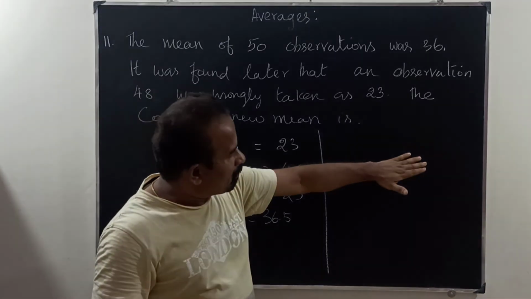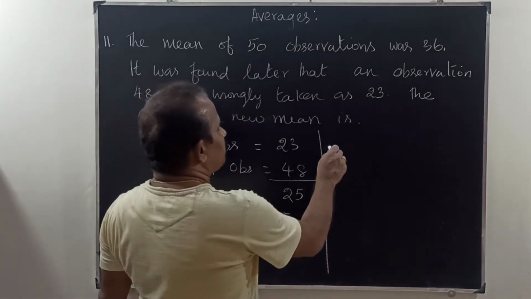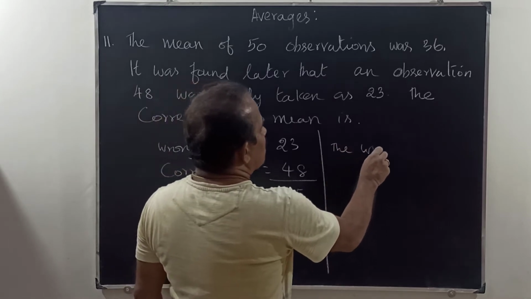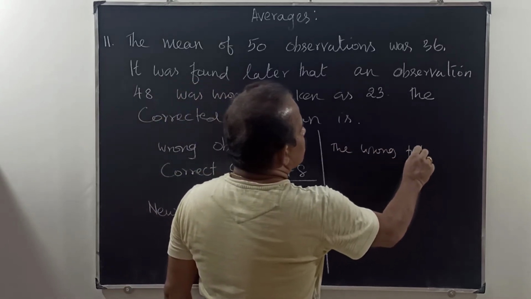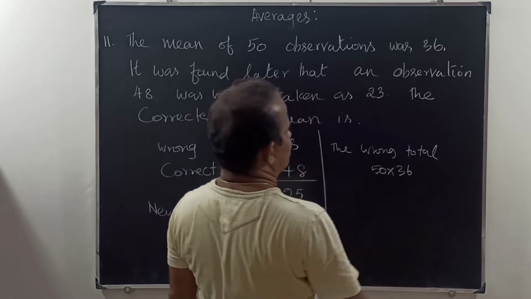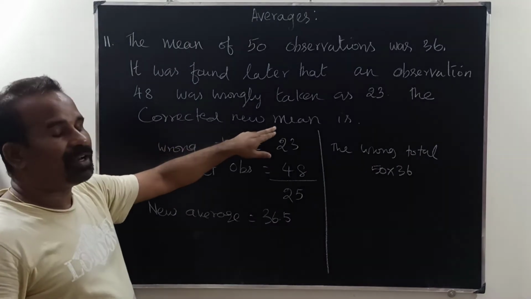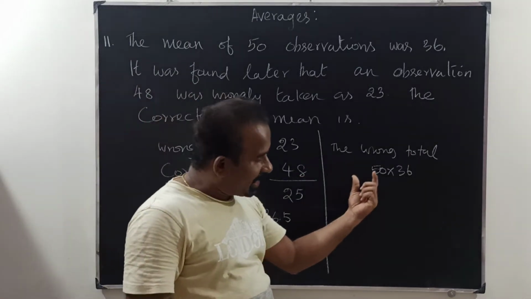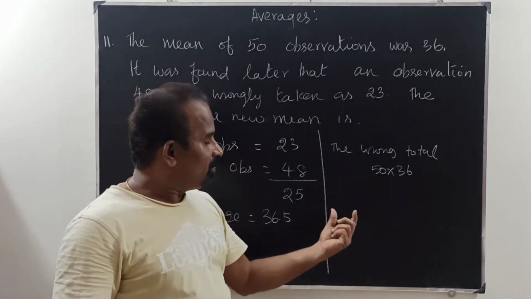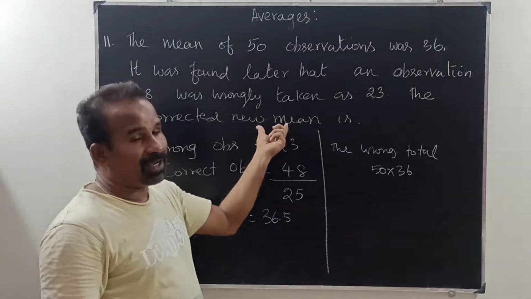By procedure, the wrong total is equal to 50 into 36, the wrong sum, because we are going to find out the corrected mean. If you have the corrected total, then only we can calculate the corrected mean.